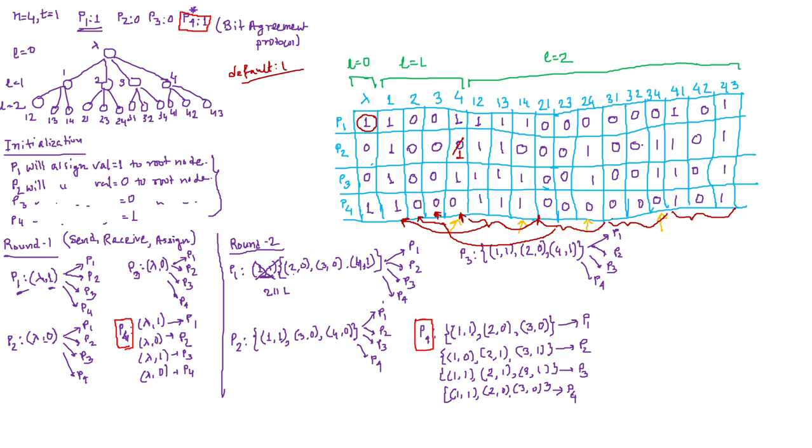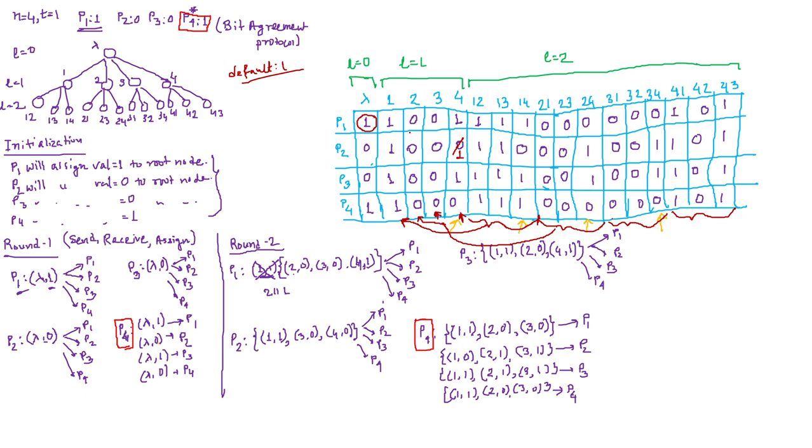So the majority count is 0. So node 3 will have the value 0. It's already 0. No need to rewrite. 2 1, 2 3, 2 4 has the majority value 0, and this is already 0. That's okay. And 1 2, 1 3, 1 4: 1, 1, 0. So the majority count is 1. This is already 1, so it's okay.